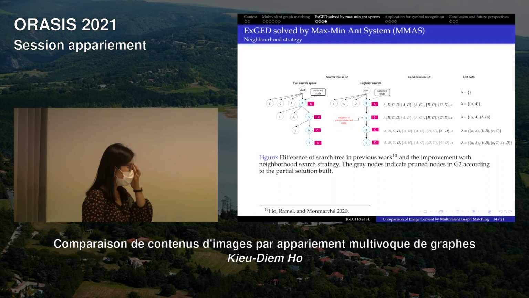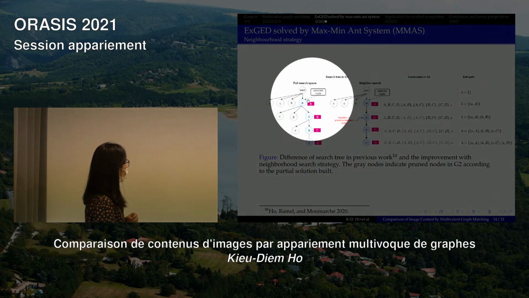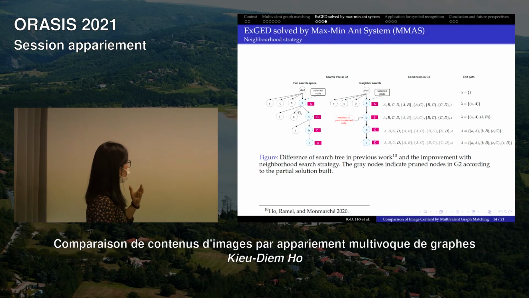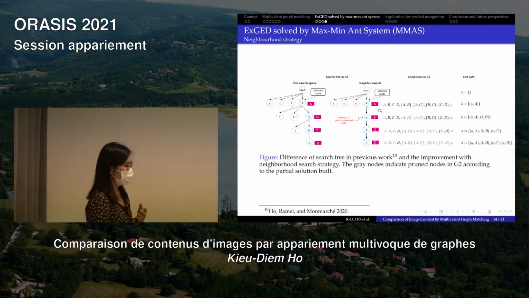In this work, I try to reduce the computational time by applying a neighborhood strategy. In fact, in the related work, to look for the next candidate to update the edit path, it will consider all the remaining candidates. But here I just consider the neighbors of the candidate previously selected.